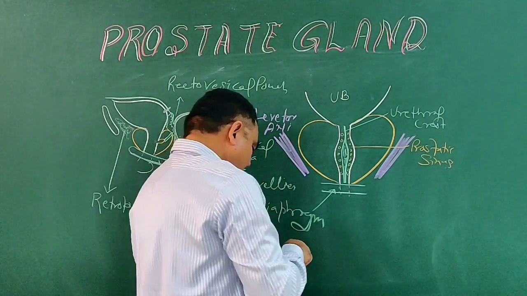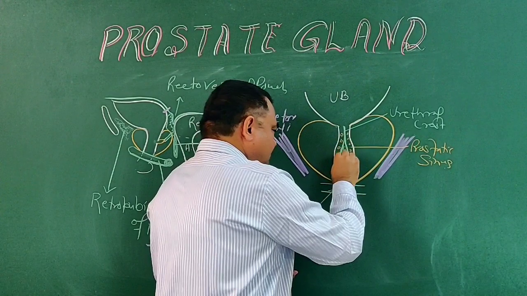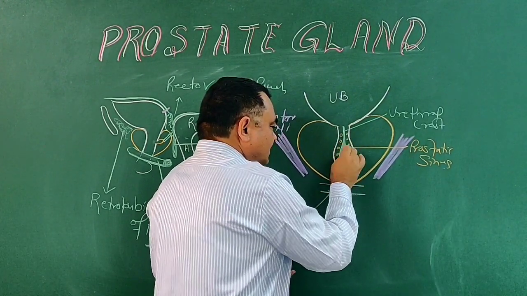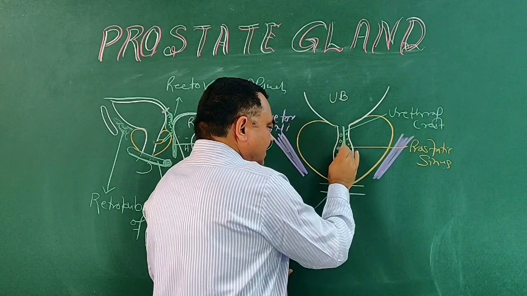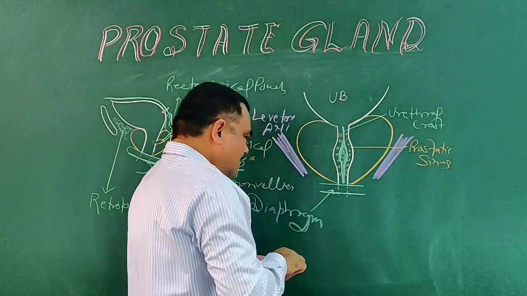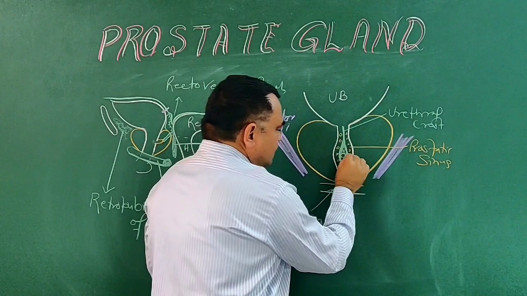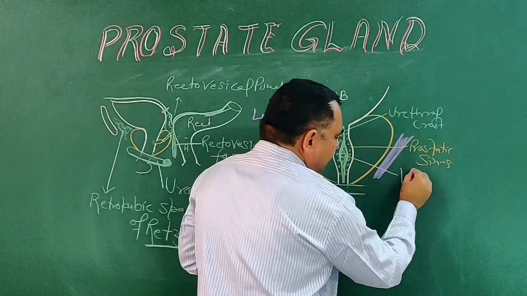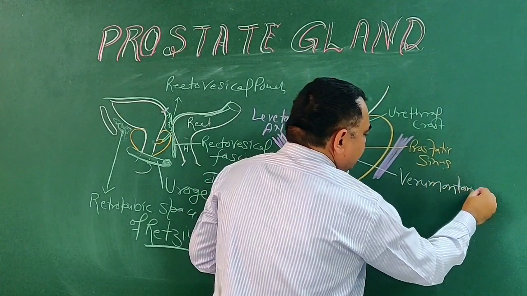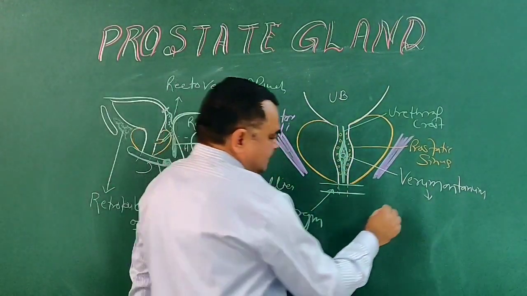And here there is an elevation. In this elevation there is an opening. This elevation is known as the verumontanum. It is also known as the seminal colliculus.